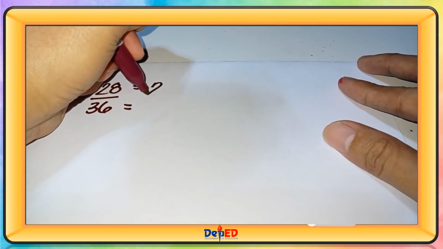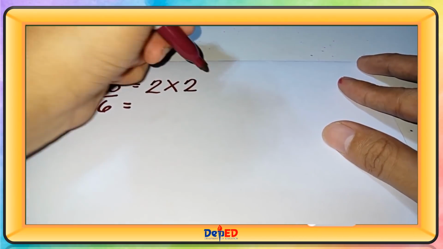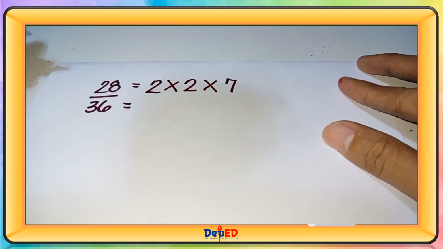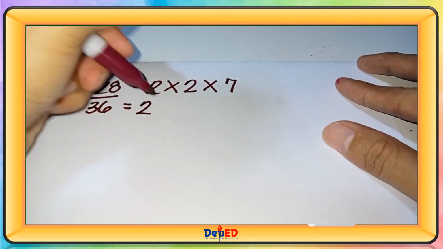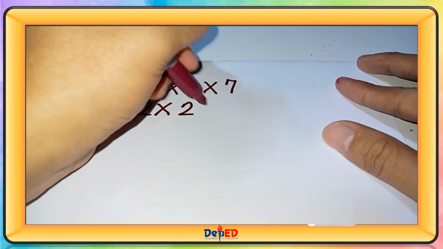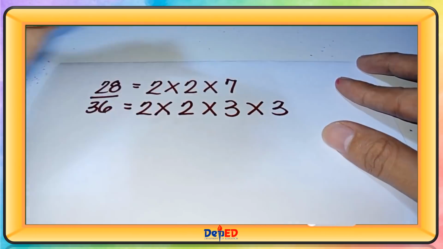28/36. The prime factors of 28 is 2 times 2 times 7, while 36 is 2 times 2 times 3 times 3.